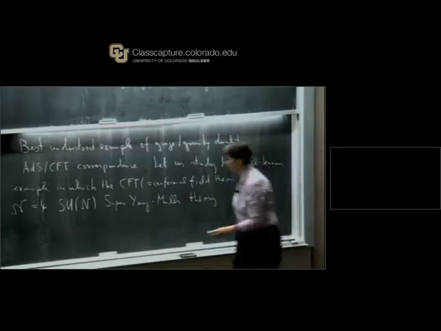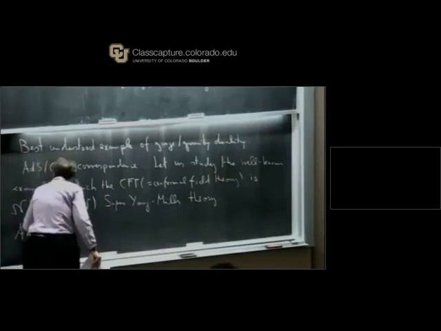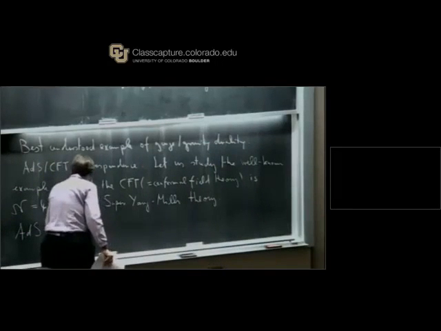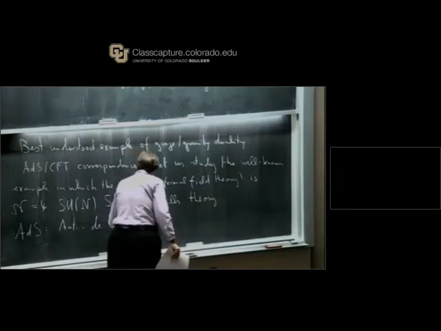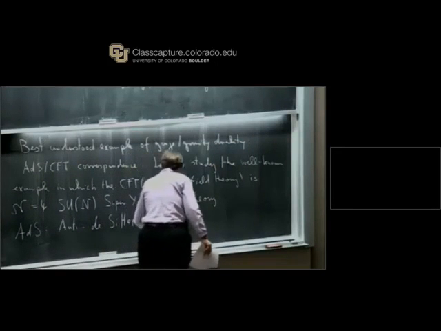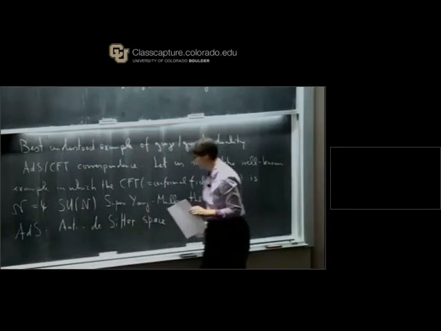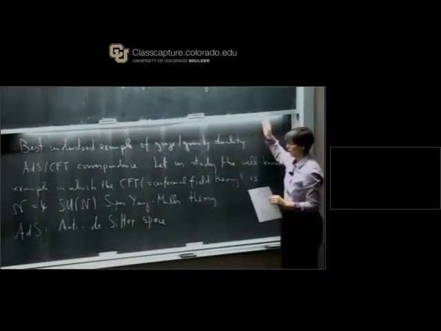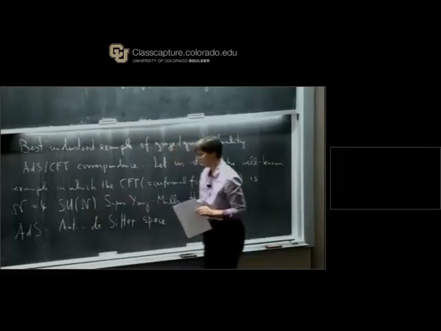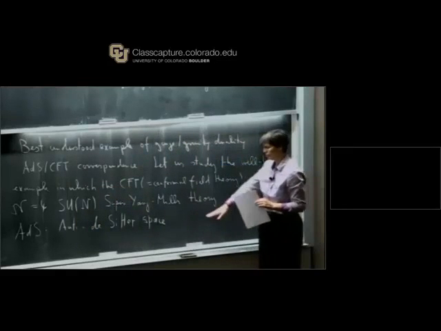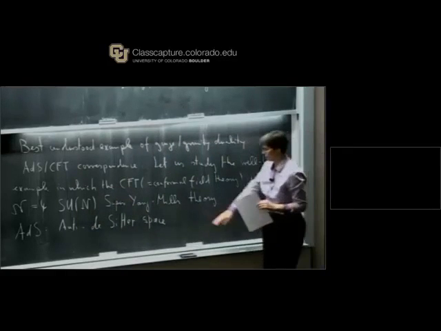Just for completeness, let me remind you that AdS, of course, stands for anti-de Sitter space. I'm also going to explain to you again what an anti-de Sitter space is. I should just say de Sitter was a Dutch physicist who was a good friend of Einstein. And anti just means that you turn around a particular sign to become negative. So this is a hyperbolic space with a negative cosmological constant.